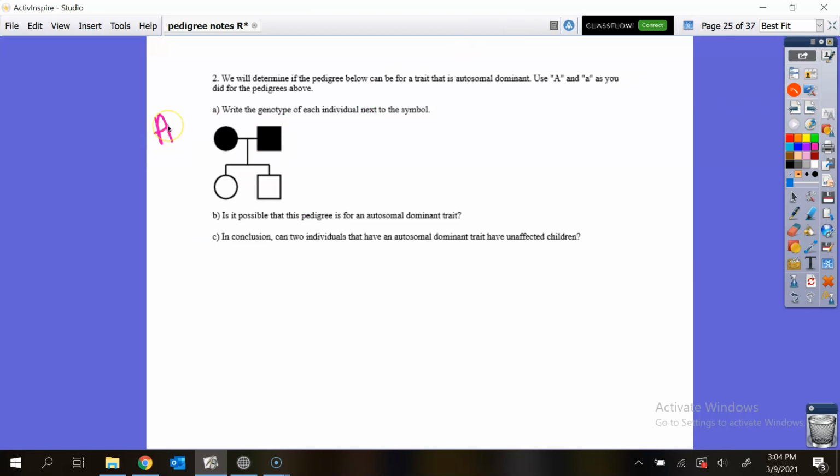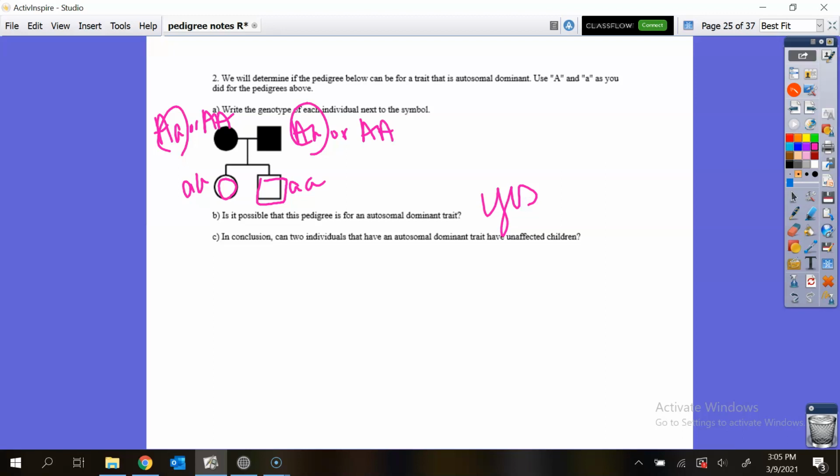In this case, we could do AA or Aa, right? So they could either be heterozygous for it or homozygous dominant. Now, could they have two children that don't have it? Well, yeah. If they were heterozygous, they could have given the little a to their son and daughter. So this one is possible.